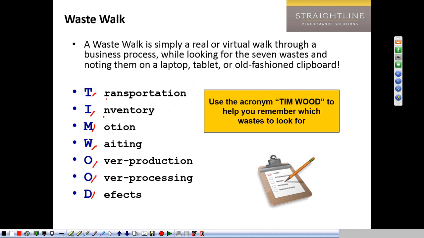Inventory, I think we all know what that is. Either we have real goods inventory, or it could be even inventories of emails that are building up in your inbox, right? That causes waste because it causes time that you have to spend. Motion. As distinct from this one, here I think of this as people. So I'm looking at people moving around unnecessarily. Waiting, these are delays, right? Anywhere where there's delays.